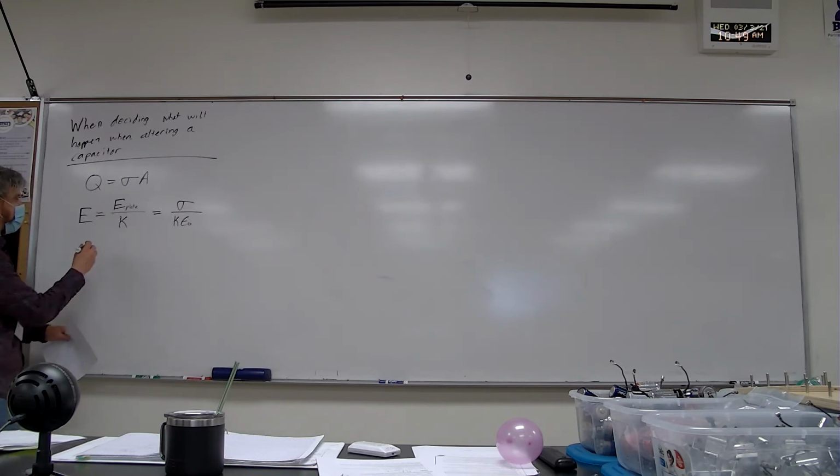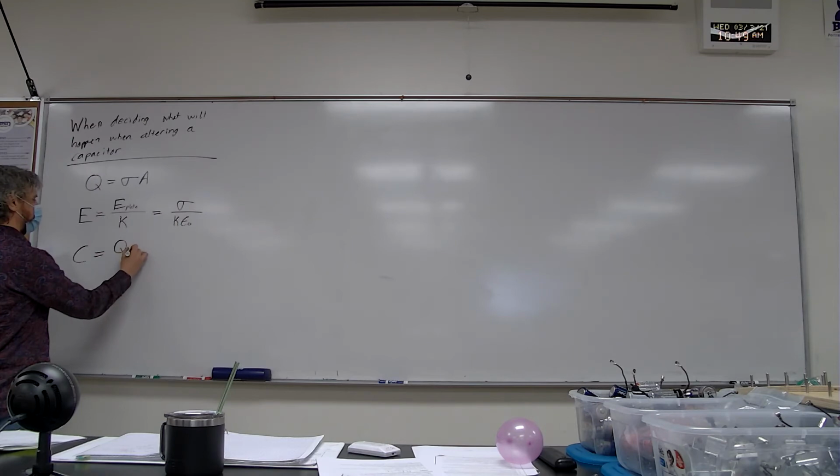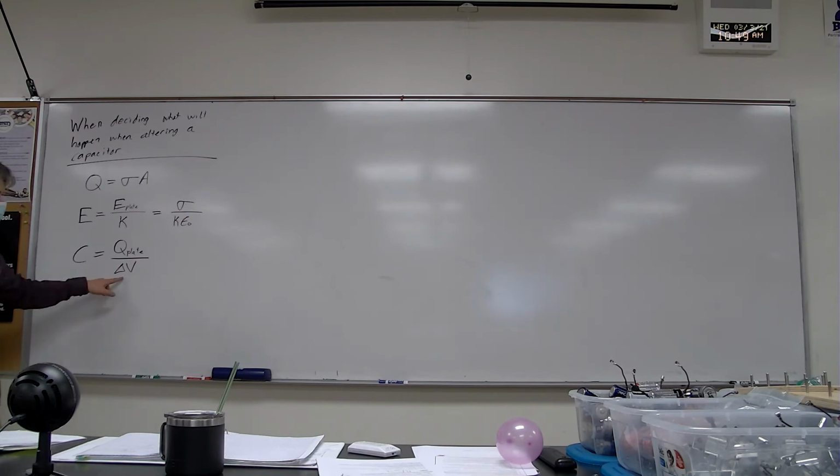We know that the capacitance is equal to the charge on the plate divided by the potential difference. The potential difference might change when I have the dielectric inserted, so the capacitance will change as we just showed. But it's defined in terms of the charge put on the plate, the actual charge delivered by the battery, not the charge that's induced.